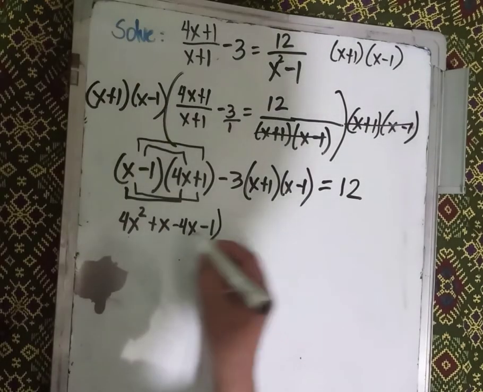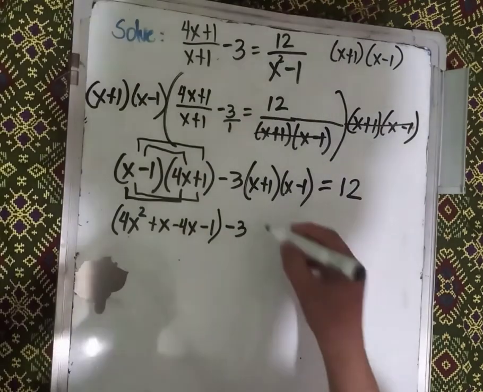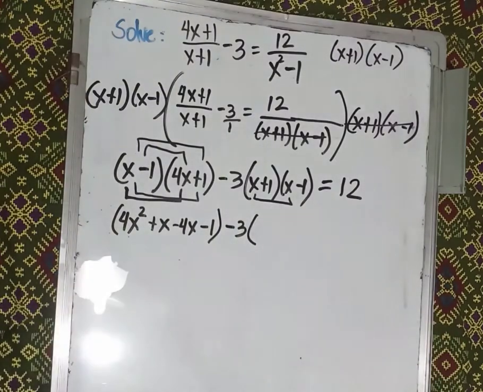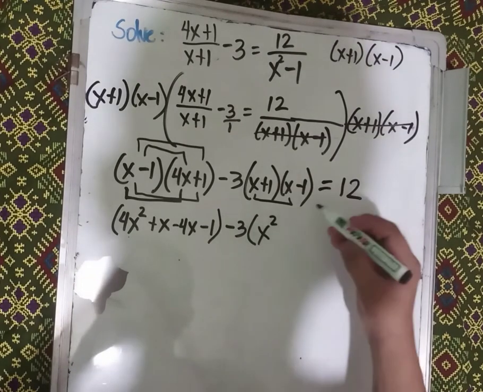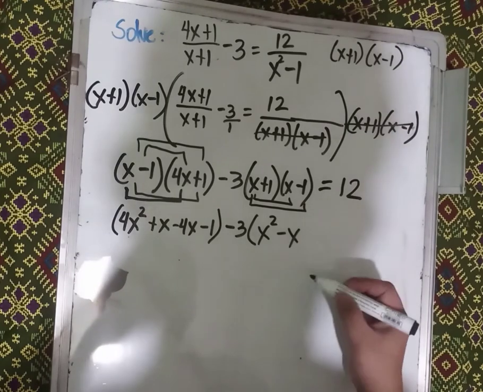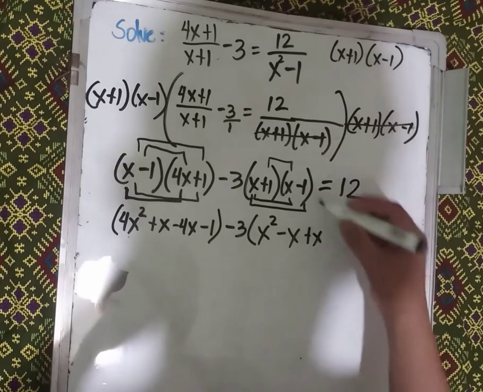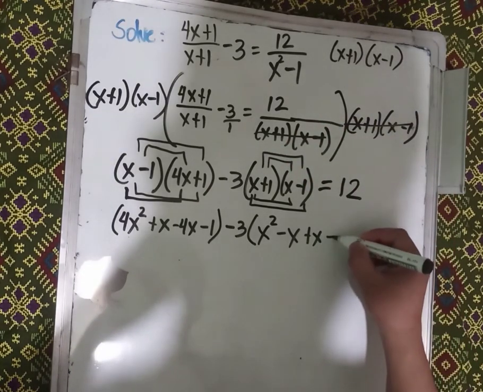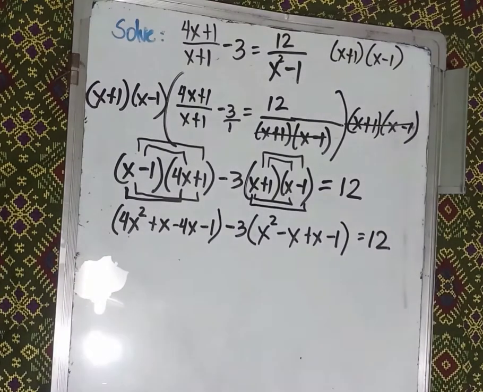Okay, next, subtract 3 times, distribute natin ulit ito using FOIL method, multiply. X times x, okay, that is x squared. Then x times negative 1, negative x. Then 1 times x, that is positive x. Then positive 1 times negative 1, that is negative 1, equals 12.